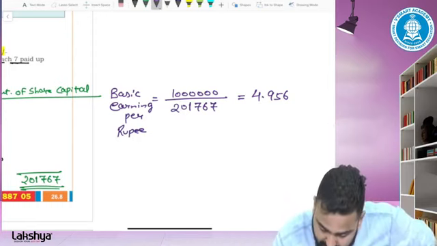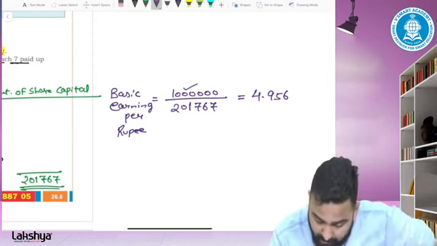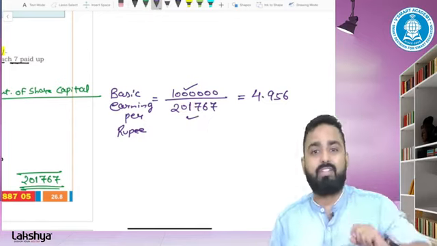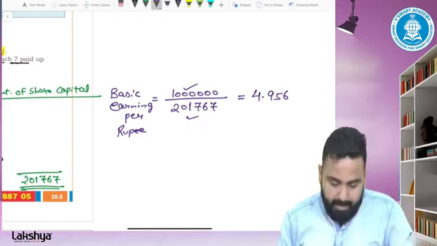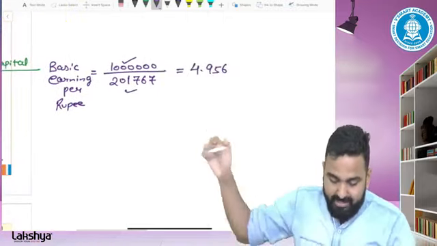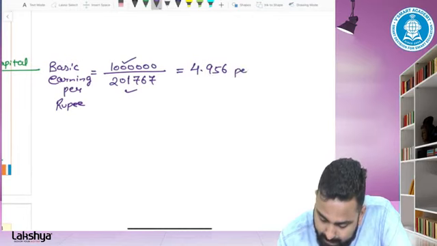Why rupee? Because the 10 lakh is the earning and 201,767 is not the number of equity shares, it is the amount of equity share capital. It is weighted average amount of capital. So it becomes 4.956 per rupee.